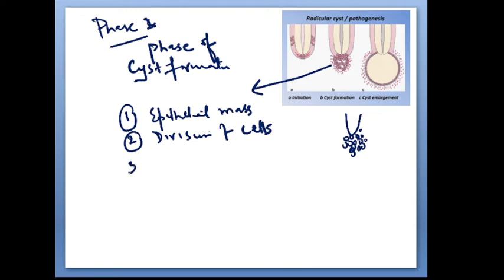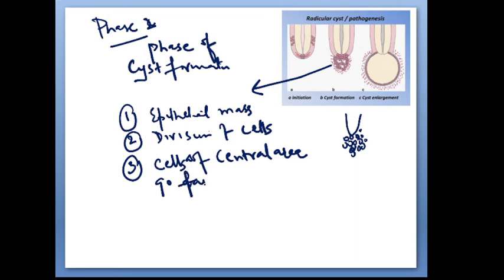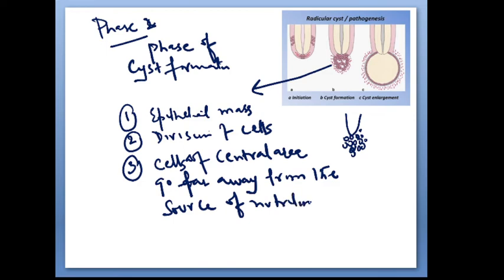Number three, the cells of the central area go far away from the source of nutrition. So this is the second phase, cyst formation.